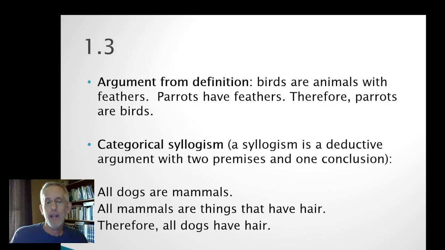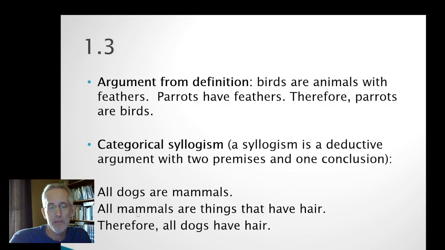Now, this is called a categorical syllogism because if you look at the two premises, all dogs are mammals and all mammals are things that have hair, what's going on is those premises are relating categories of things. The category of things that are dogs to the category of things that are mammals.